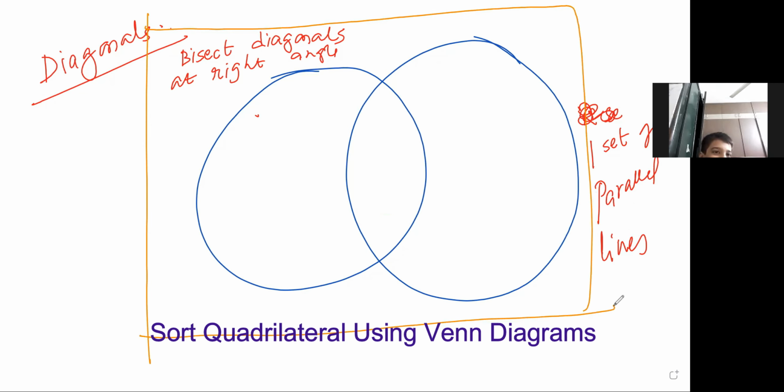Very tricky one. What comes in the center? You should begin with this. Center means diagonals bisect at right angles, and we have at least one set of parallel sides. So what comes here? Tell me. Rhombus. Good.